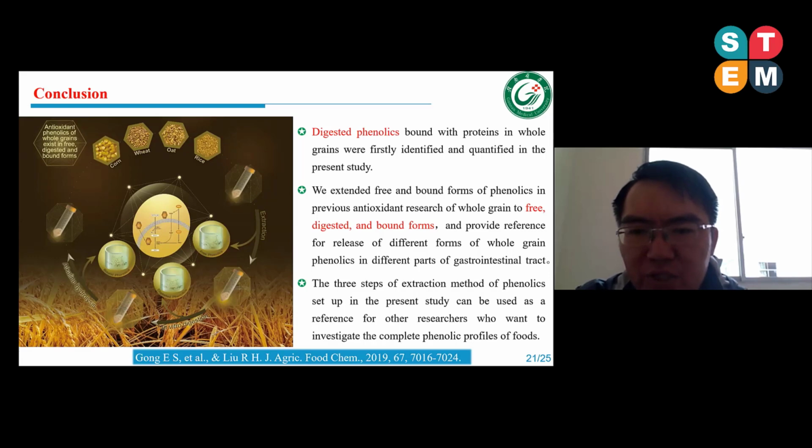The three-step extraction method of phenolics set up in the present study could be used as a reference for other researchers who want to investigate a complete phenolic profile of food.